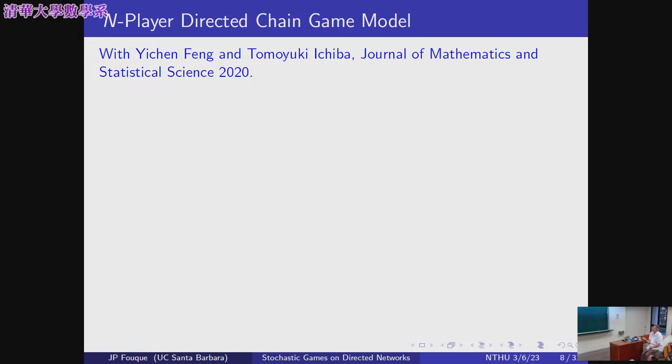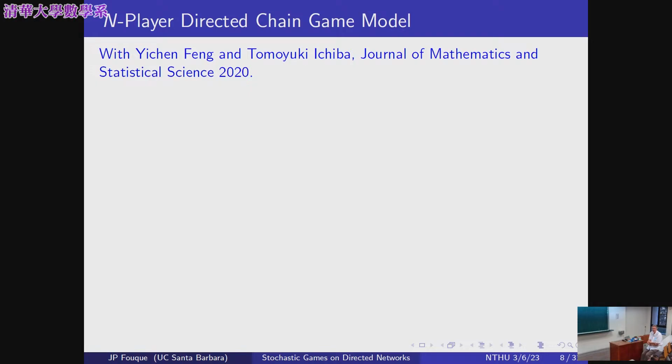So putting a game, we will start with n players, and we will do only directed chain. We will not mix the two things. We will do it later, but just the directed chain. Because the mean field, we know well. This is called mean field game. Who has heard about mean field game before? Mean field game is a theory developed in 2006 by Lions and Lasry from the PDE point of view, and another team in Canada, Huang, Malhamé.